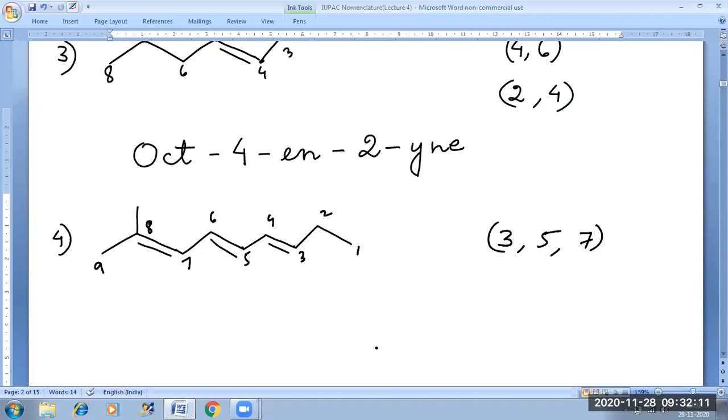This will be the positions of the double bonds: 3, 5, 7.